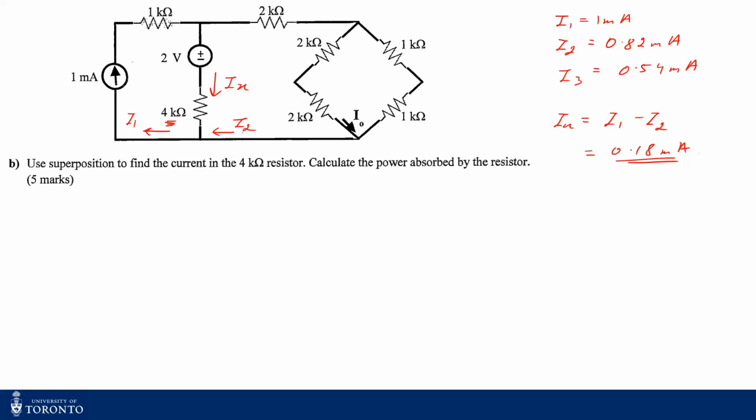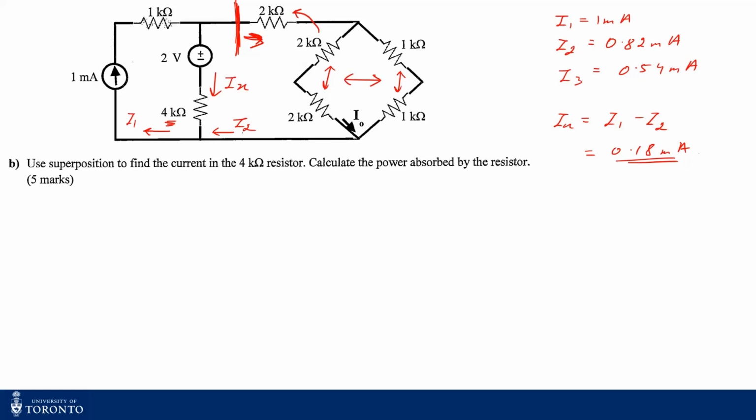Since I am using superposition, I don't need this part of the circuit, because if I use superposition, I have to do mesh again and again. So what I will do is simplify this part of the circuit to find the equivalent resistance. I have these two 2 kilo ohms in series, and these two 1 kilo ohms in series. These two are in parallel, which is also in series with these 2 kilo ohms.